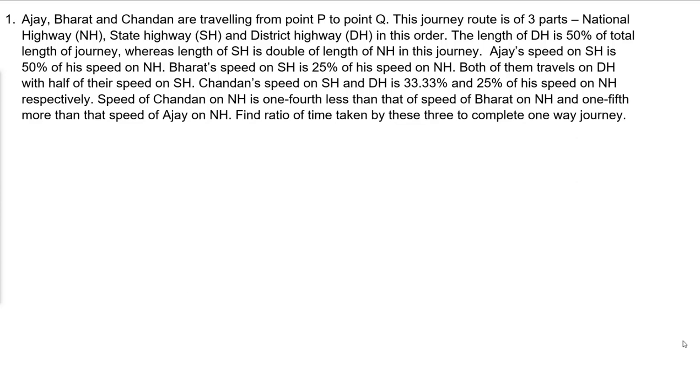Now let's start with this question. So there are 3 people, A, B and C. 3 types of line segments, that is national highway, state highway and district highway, and their lengths are also given. The data of their length is given here. The length of DH is 50% of the total length of journey, whereas length of SH is double of length of NH.